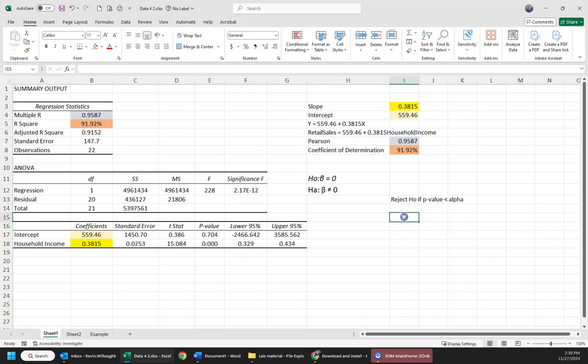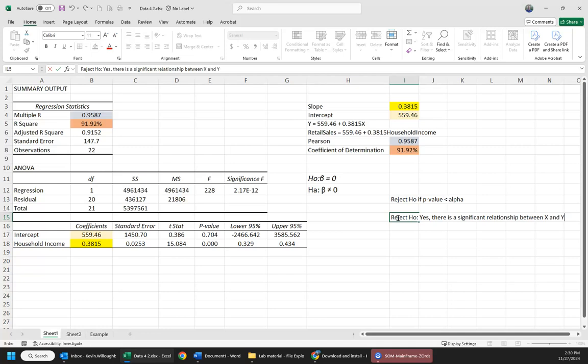is less than alpha. I'm going to write down here, and once again, you don't need to do this, what the results of the decision would be. So if we make the decision to reject the null hypothesis, basically it is saying that there is a significant relationship, correlation, association between the two variables.